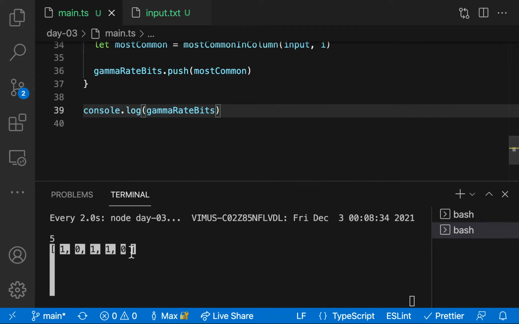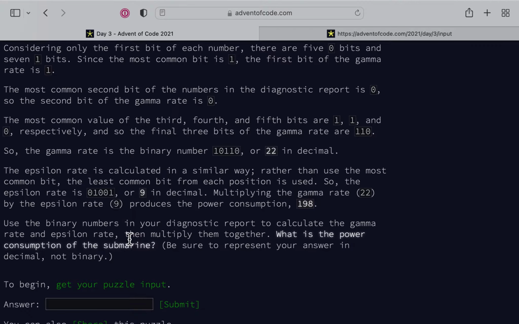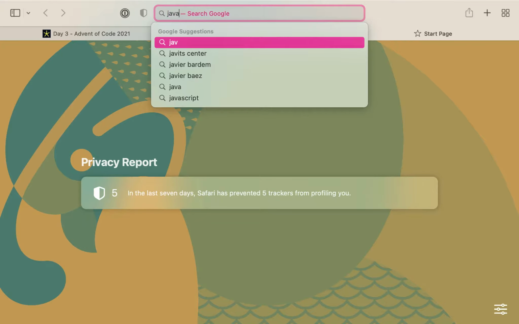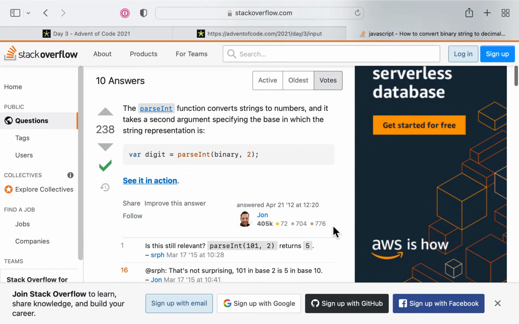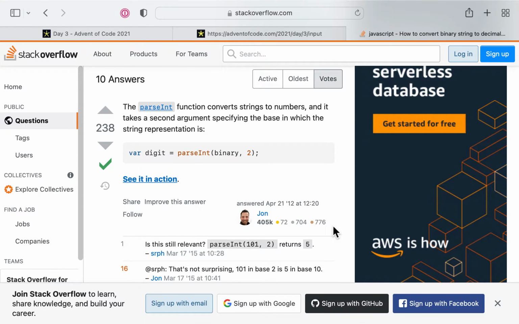All right, so our gamma rate bits are 10110. Is that right? Let's come back to this, this is all for the example. 10110, JavaScript, binary to decimal. I don't know how to do that. Sure.